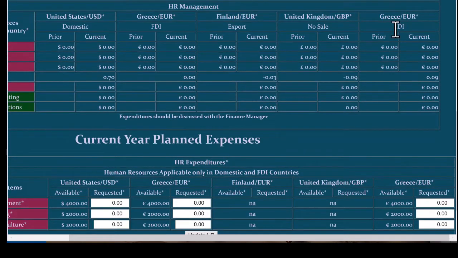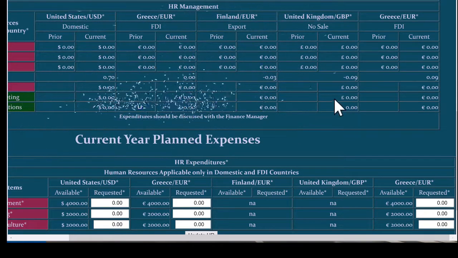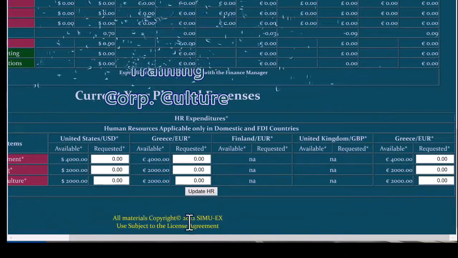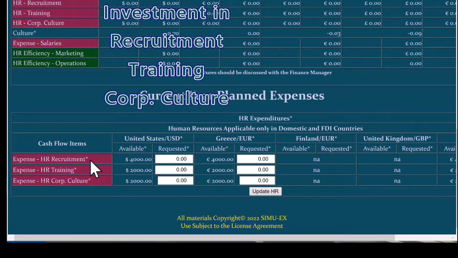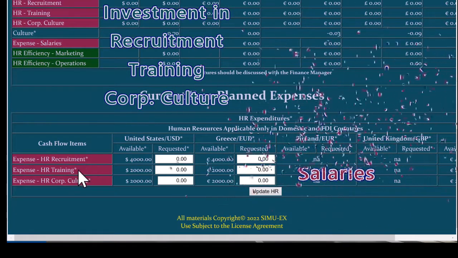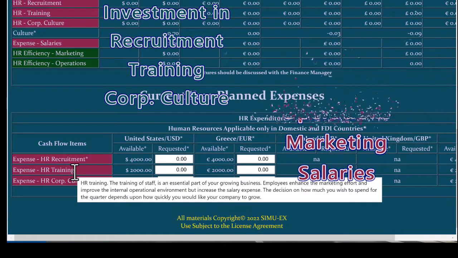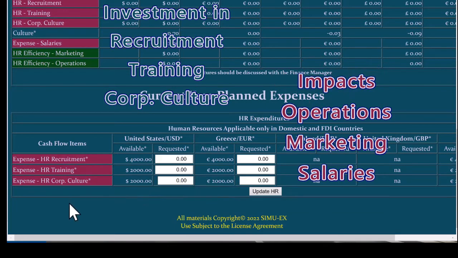And then proceed to enter in budgets associated with these various functional areas. A, recruitment, B, training, C, development of corporate loyalty. This will impact the salaries of the corporation. It will impact the marketing effectiveness of the corporation. It will impact the operational effectiveness of the corporation.